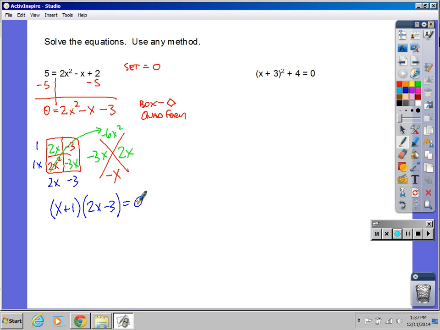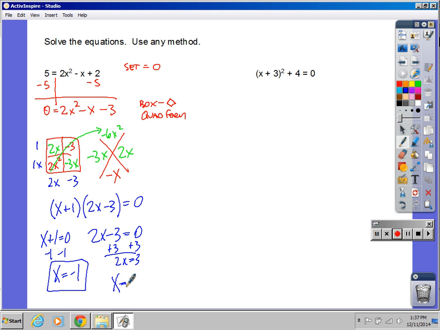Then I separate this into two problems and solve each of them for my two answers. So I would get x is negative 1, and I should get x is 1.5. And if you use the quadratic formula, you should get the same answers.